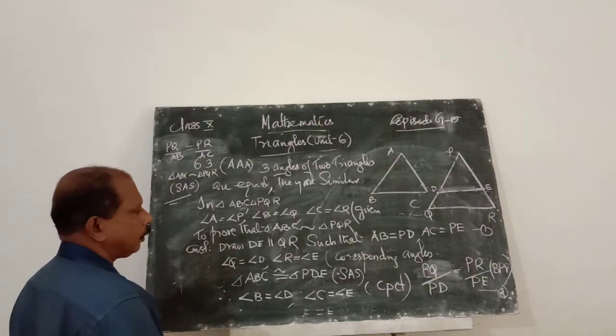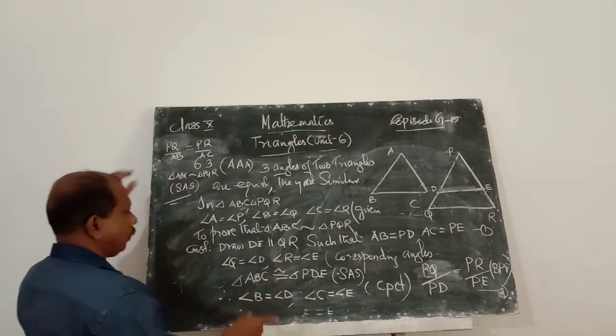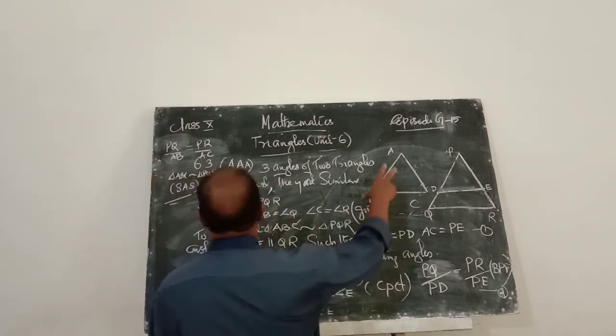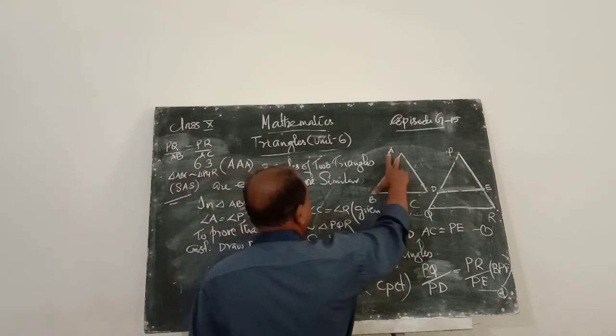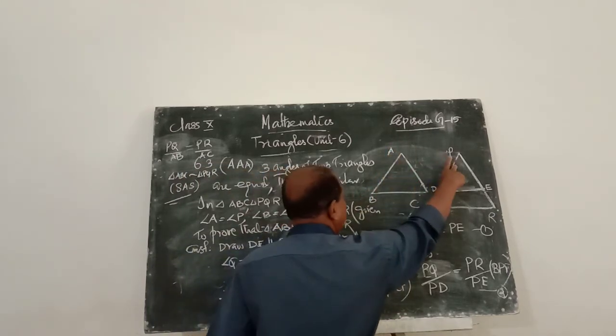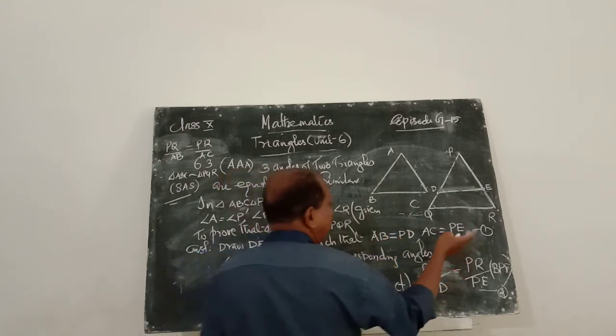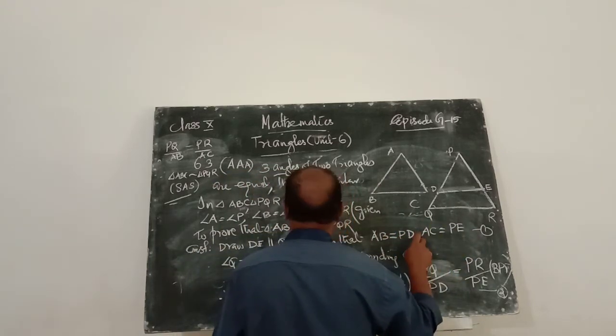Therefore, these two triangles are similar. For simplicity, PD is replaced by AB and PE is replaced by AC.